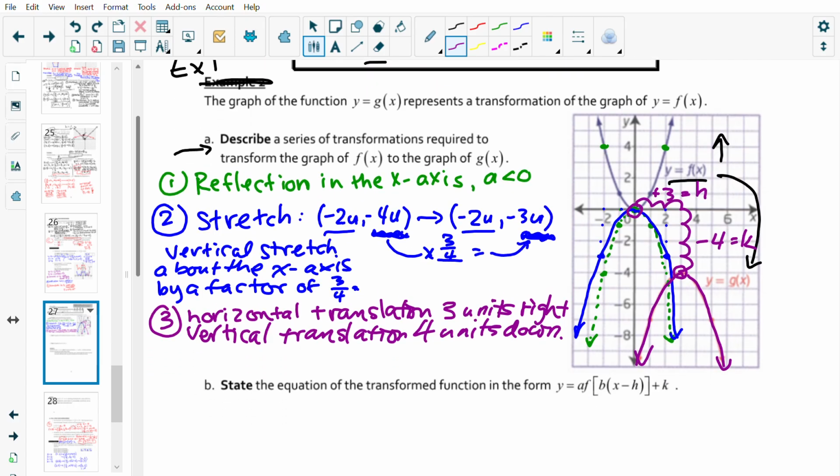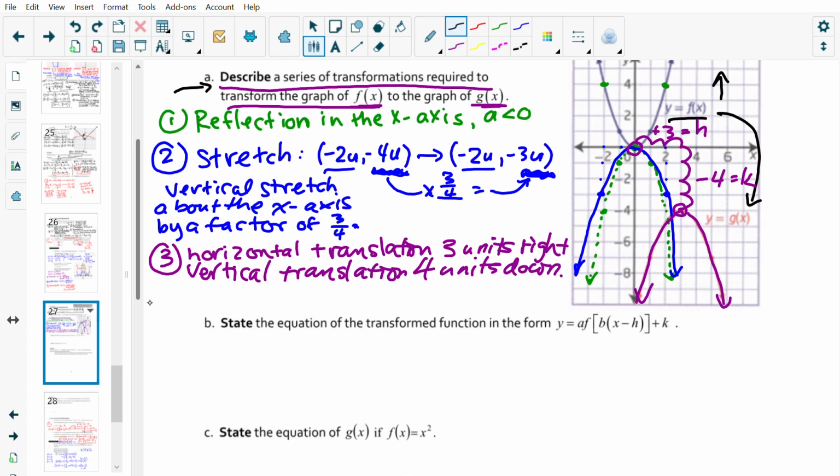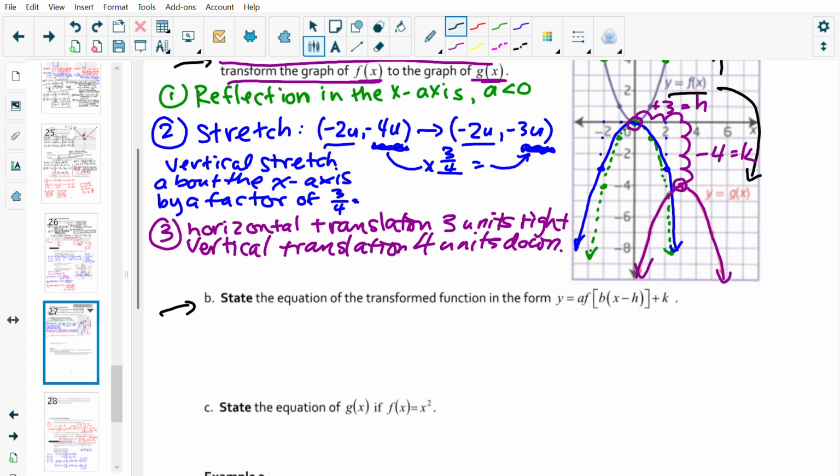Okay, let's continue. So these are all the transformations that are happening to take f of x and turn it into g of x. Let's extend our example here. State the equation of the transformed function in the form y equals a times f of b times x minus h plus k.